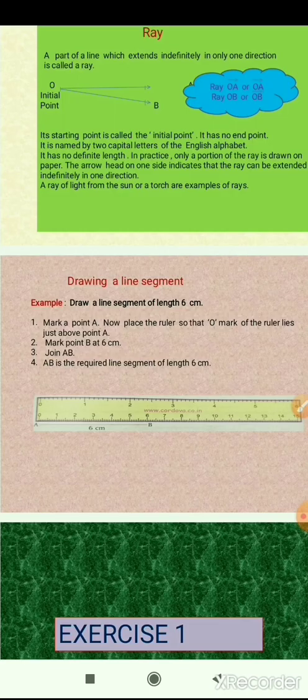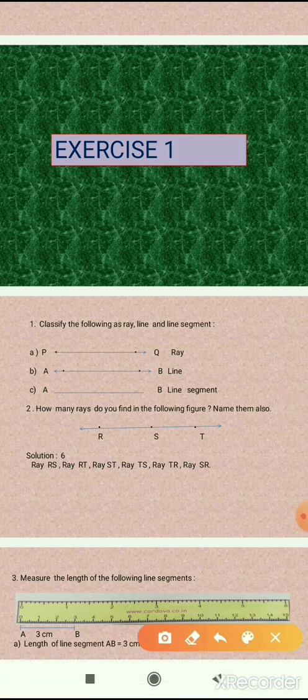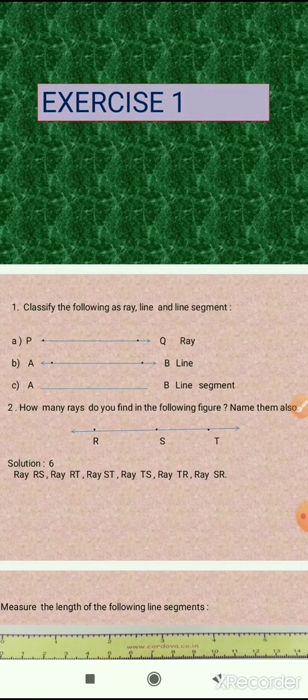Now we will solve exercise 1. See the first question. The first question is: classify the following as ray, line and line segment. Students, you have just learned about ray, line and line segment.